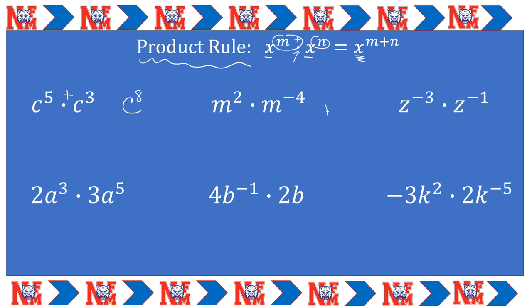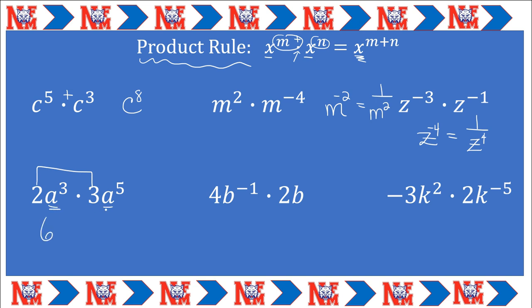In this example, our base is M, and we're going to add, and we get negative 2, and we have to modify and put it to the denominator. In this example, we have a base of Z, and negative 4 is our new exponent, and then we have to make it into a fraction. On the next one, we just simply have 2 times 3, which is 6.